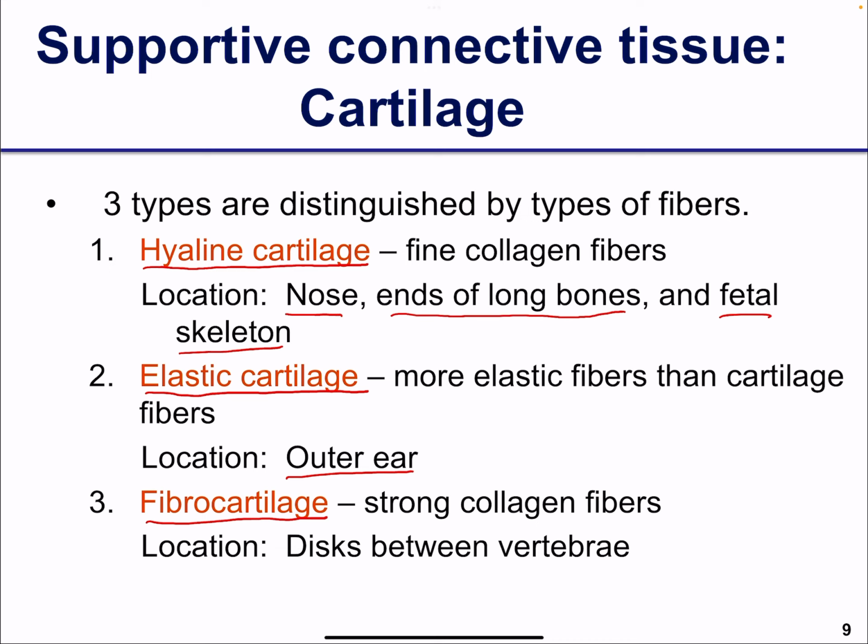And when you jump and you land, your vertebrae are not crushing against each other because of the fibrocartilage. That fibrocartilage is very fibrous. It's thick and it's dense, right? So the discs that you find between the vertebrae are basically fibrocartilage.